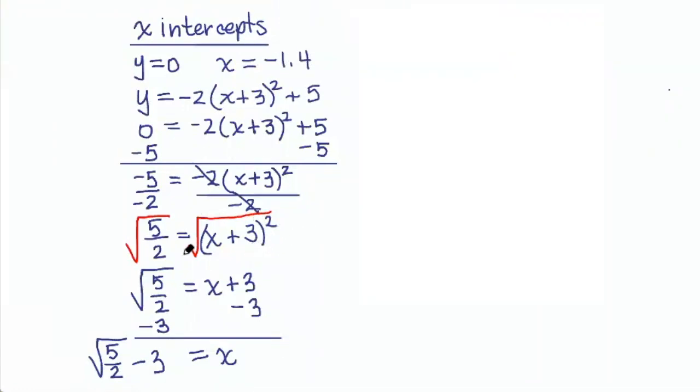Now, right at this step where I introduce the square root, there's an important rule at play here. Whenever you introduce a square root into a problem, you must always consider the positive and the negative root. What do I mean by that? Suppose I had the number 4 and I introduced a square root symbol over it.